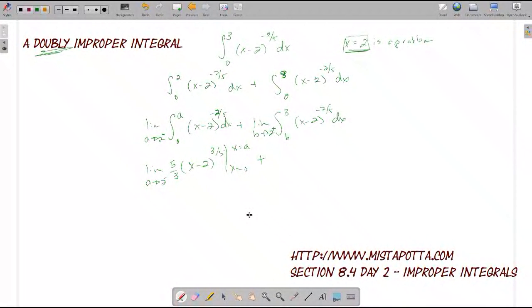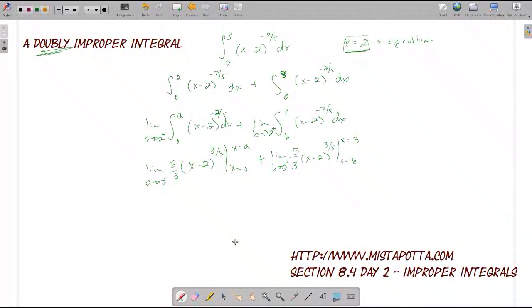And I'm going to add that to 5/3 times x minus 2 to the 3/5, evaluated from x equals b to x equals 3. The limit is as b approaches 2 from the right.